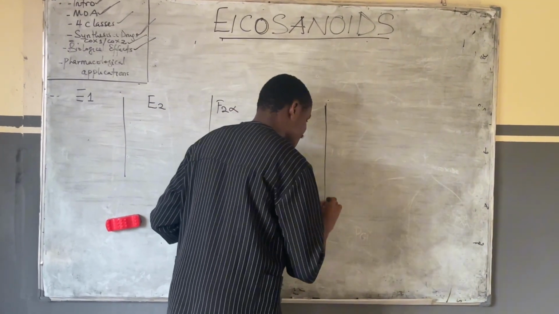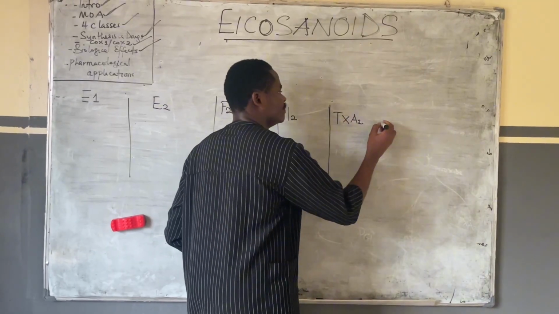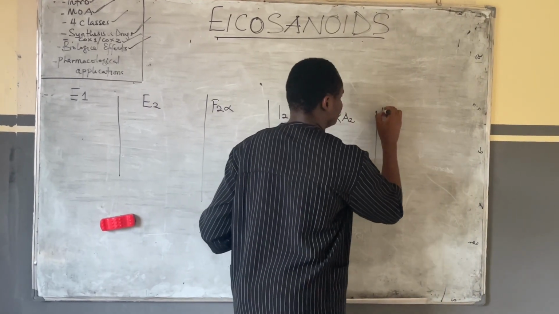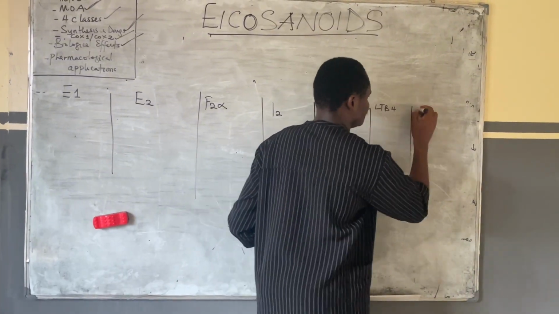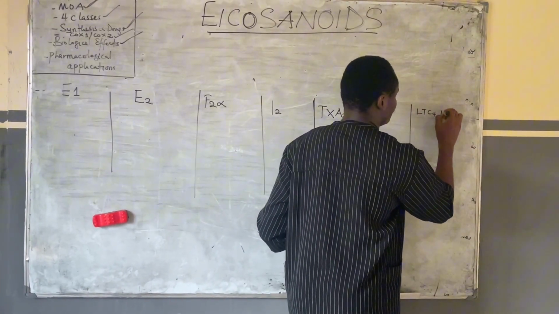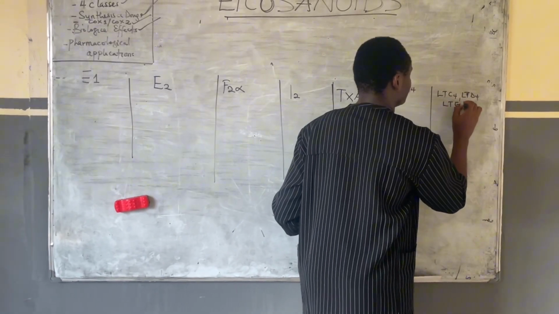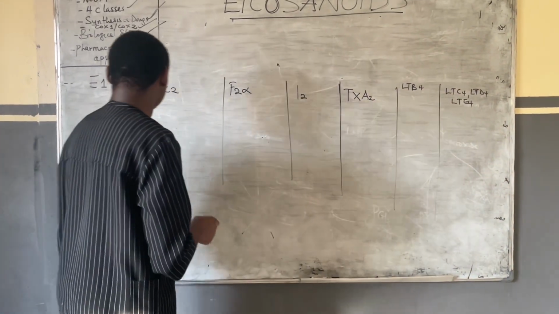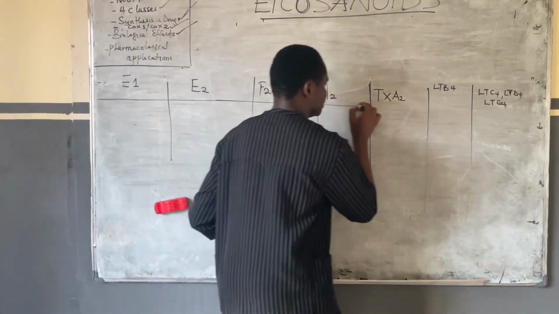We have thromboxane A2, and then we have LTB4, and then we have LTC4, LTD4, LTE4. Good. So these are different receptors through which the prostaglandins or the eicosanoids can act.